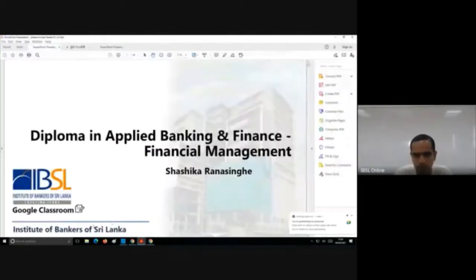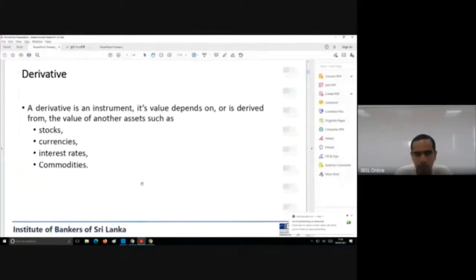So let's move on to derivatives, right? So what is a derivative? A derivative is an instrument, a financial instrument, whose value is derived out of other variables, right? The other variables are called the underlying, which can be anything under the sun, basically. It's mostly financial.